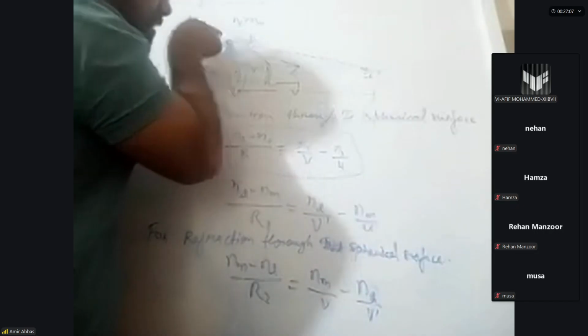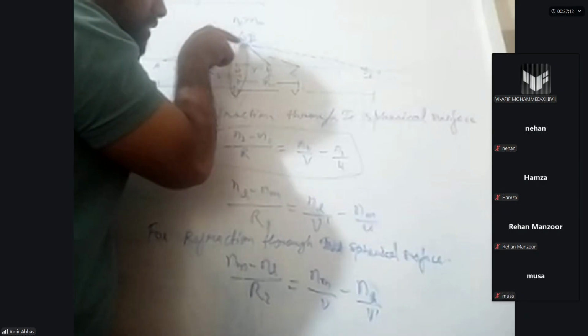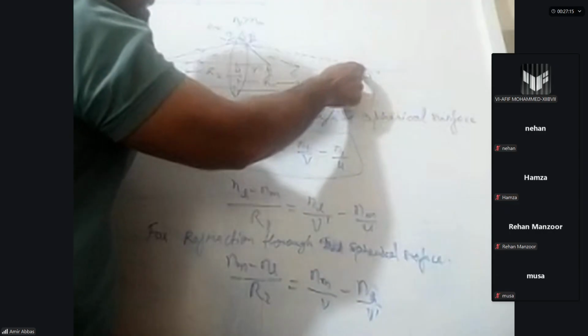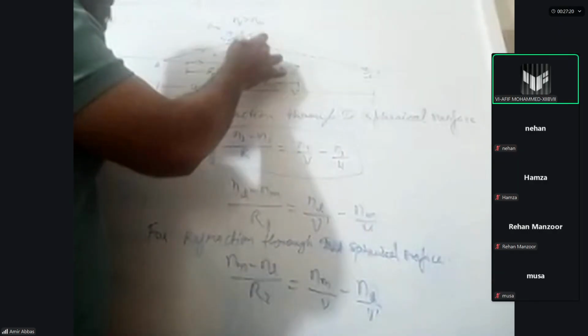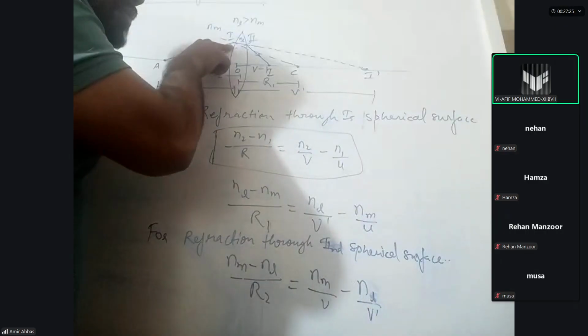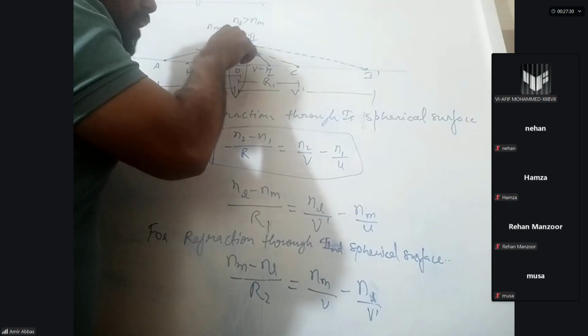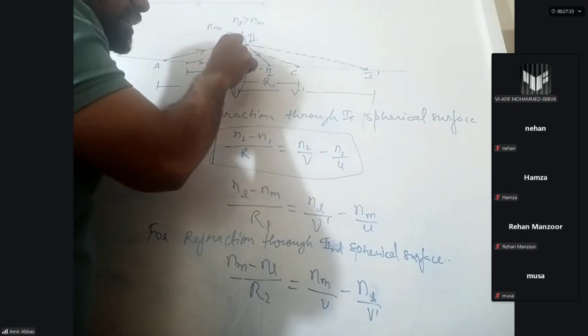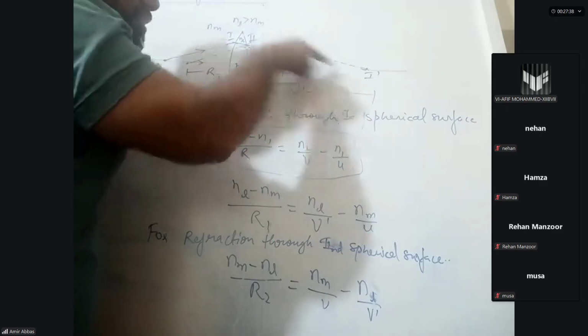For this surface, the I dash acts as an object, because the light ray is bent towards the normal after refraction through the first surface. The light ray refracting at this point on the second surface appears to be coming from here, because it is going in this direction.